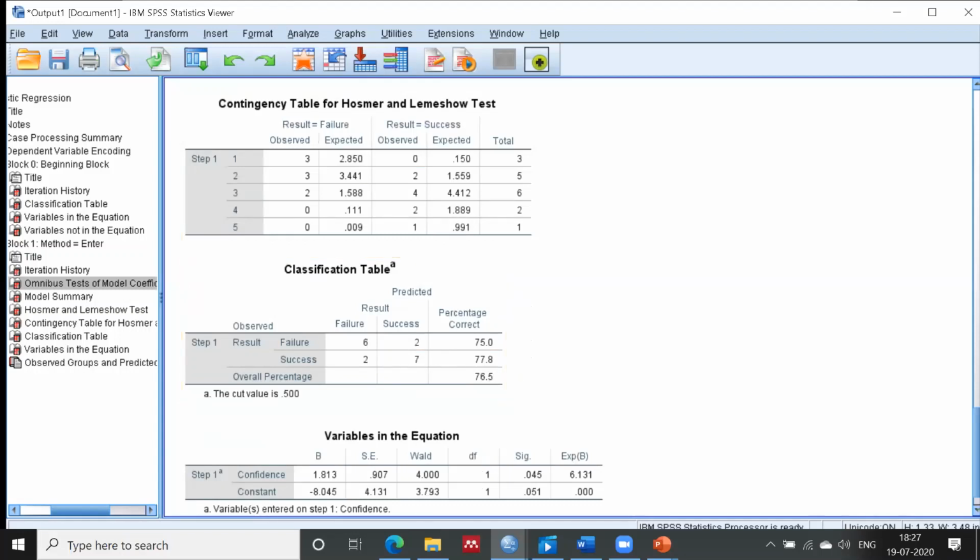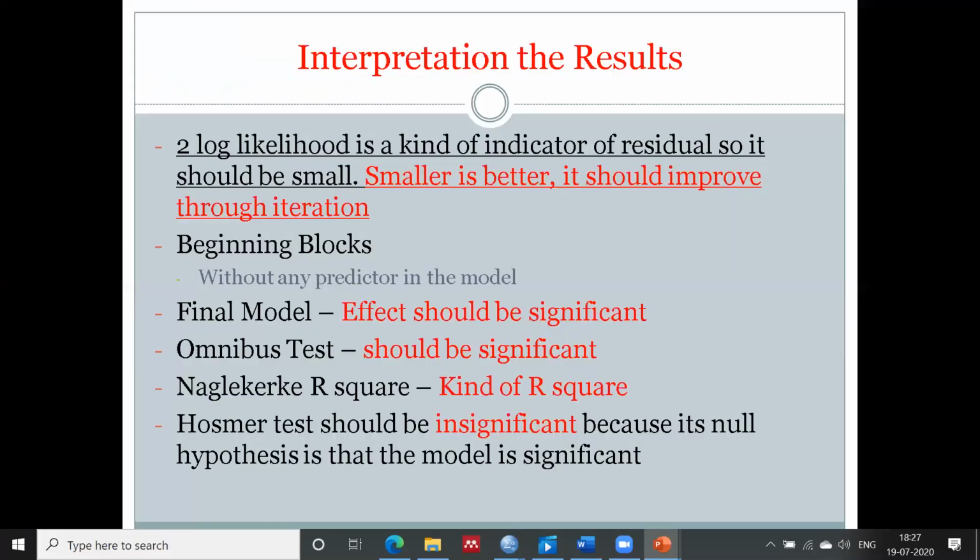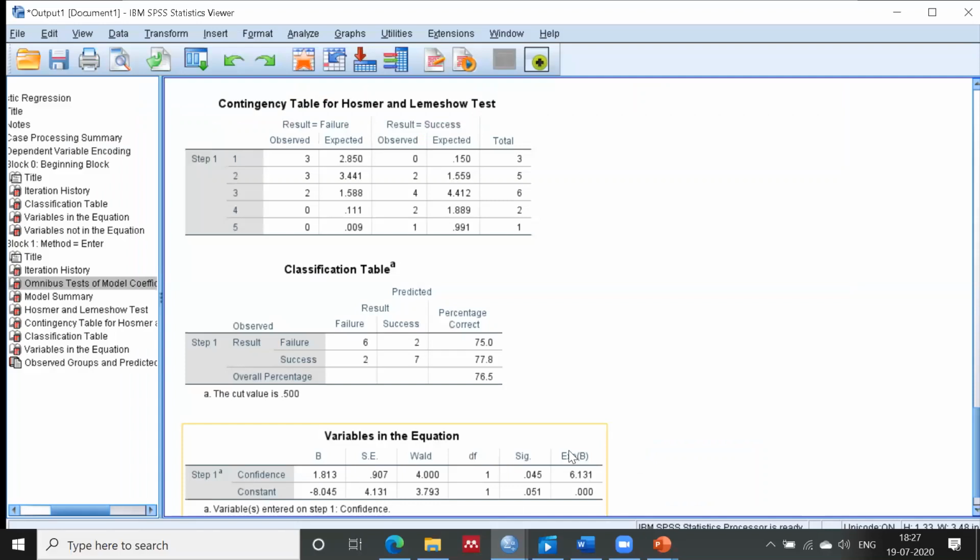Now this is the most interesting thing actually. It is now 76.5%. Earlier it was around 58, if I'm not wrong.